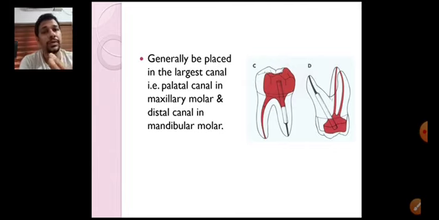If you give a post in any other root canals, it can lead to perforations very easily, because there will be curvature in that particular root canal, as well as the length of those roots will be smaller. So always make sure to give the post in these particular canals.